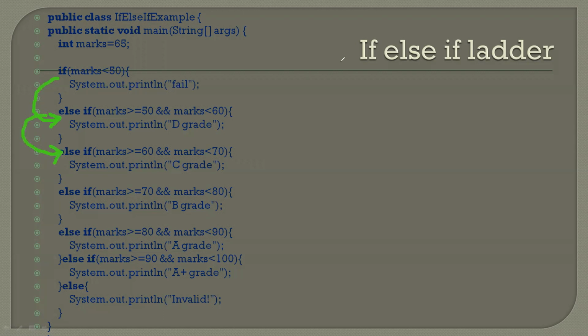Because this if else is true, it is executed and printed C grade on the output screen, and it has not entered any of the other if else statements. It will never enter. So that's why I have represented it with a red color line. It will never enter all these because it has already executed one if condition that was true. Right, this is how the if else ladder will work.